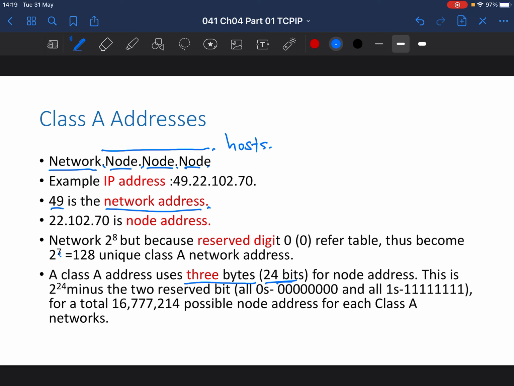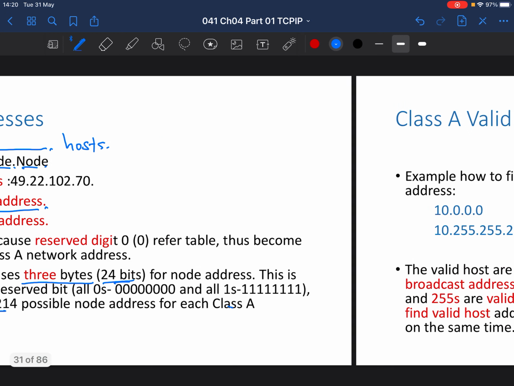This is 2 to the power of 24 minus 2 reserved bits, for a total of 16,777,214 possible node addresses for each Class A network. So 2 to the power of 24 is around this number. So you can have a lot of hosts for this Class A address.